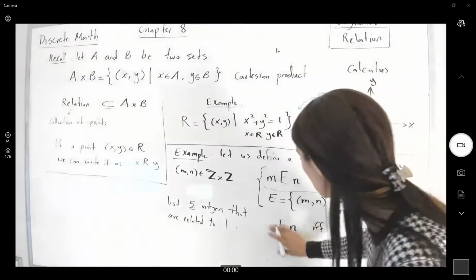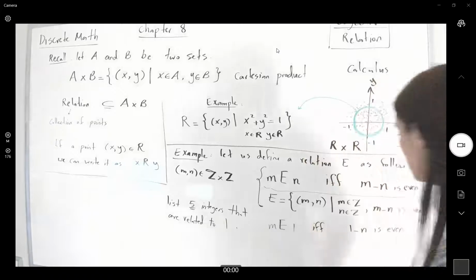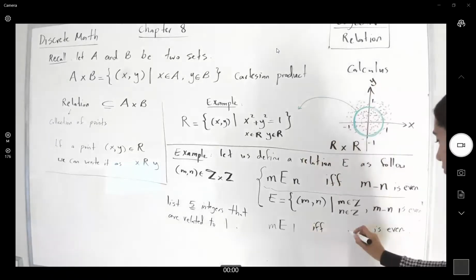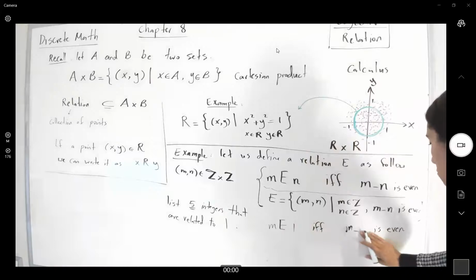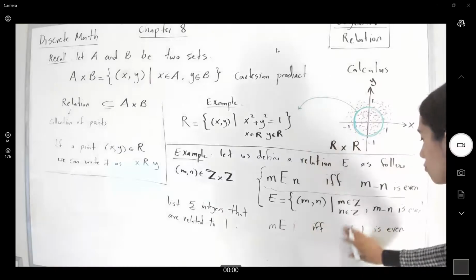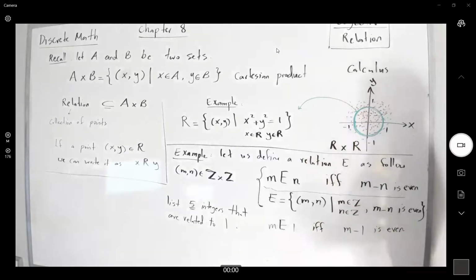We can switch these, it doesn't matter. Later on you'll see we have symmetry here, and n minus 1 is even. We can just randomly select integers and check to see if the subtraction is even or not.